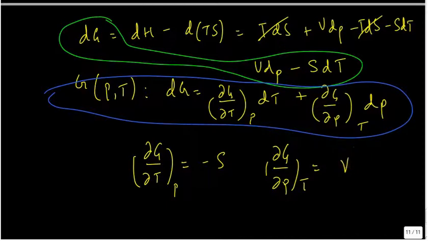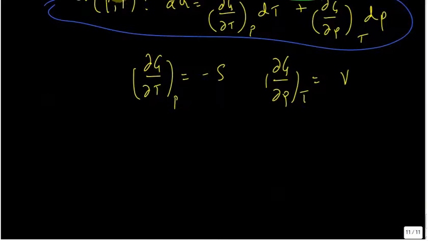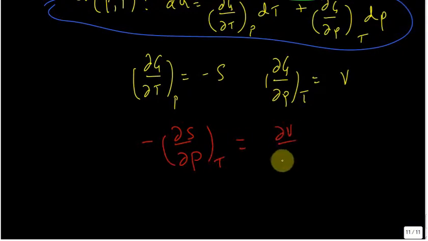And so minus del S/del P at constant T is equal to del V/del T at constant P. Right, I'm done with that. So you have these four fundamental equations of thermodynamics and four Maxwell relations that come out of them.